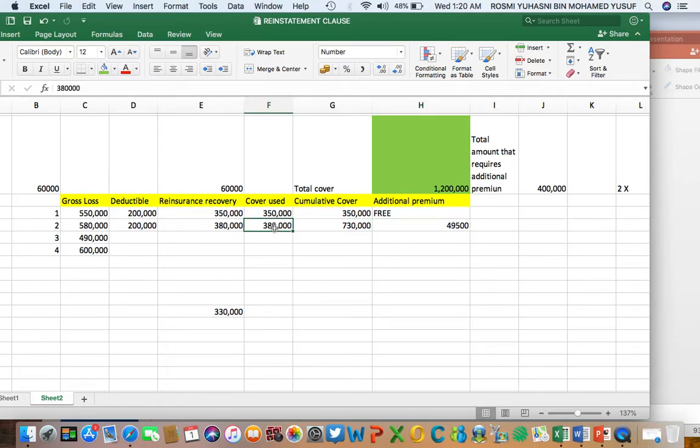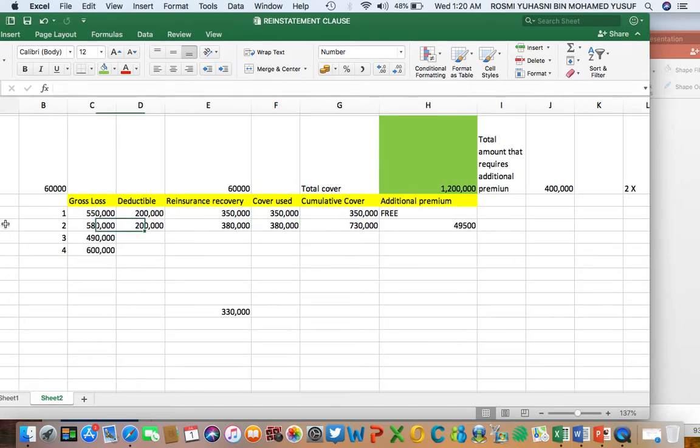Okay, remember, after claim number 2, the insurer has used up to 730. How much more additional premium do they have to pay?